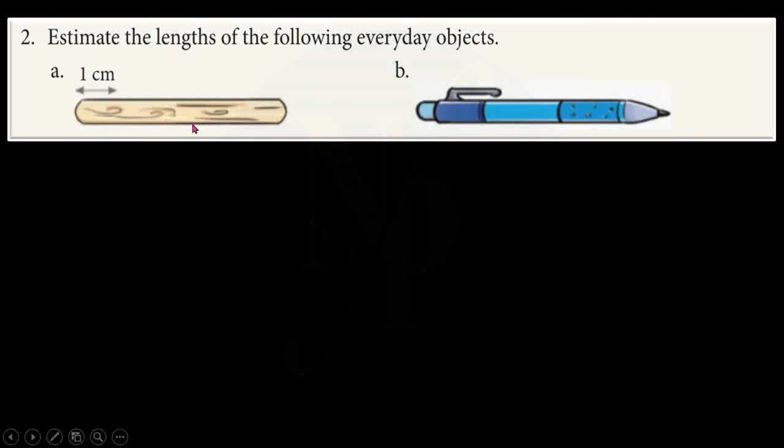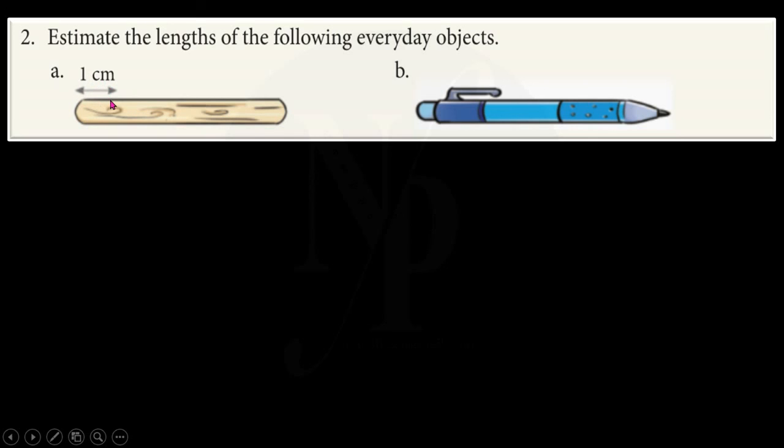Question number 2. Estimate the lengths of the following everyday objects. Here pictures of two objects are given, A and B. A seems to be an ice cream stick, and B looks like a pen. Here the length of this segment or part of the object is given as 1 centimeter.